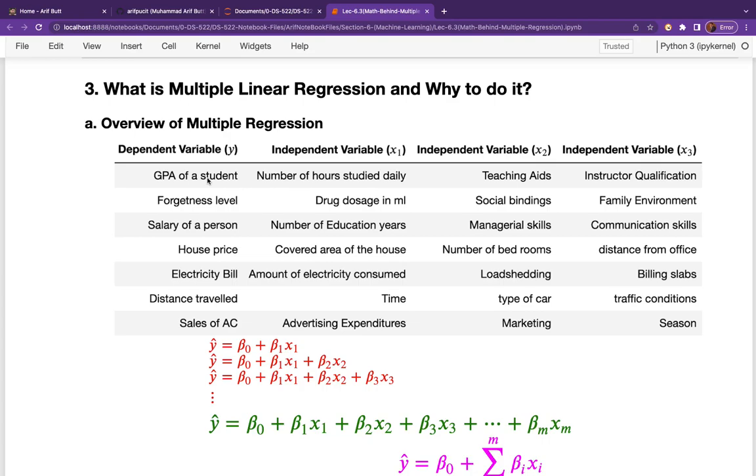It also depends on many other predictor variables like the teaching aids, the instructor qualification, the lab facilities, and so on. And this is what multiple linear regression is, which considers the effect of more than one feature variable on some outcome of our interest. And this table shows some real life examples of multiple linear regression.